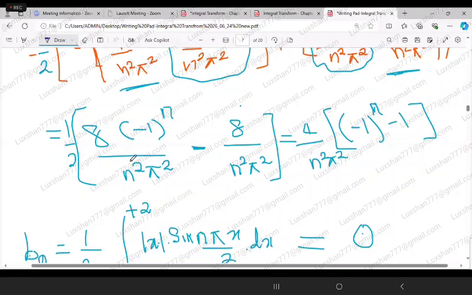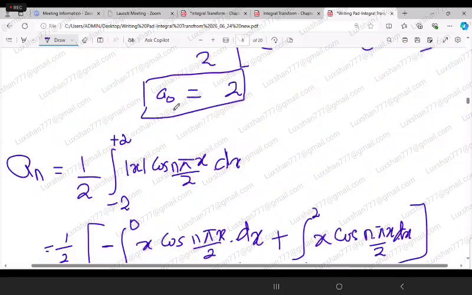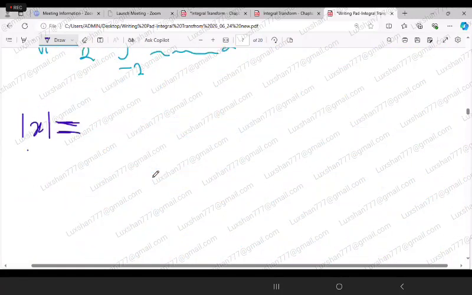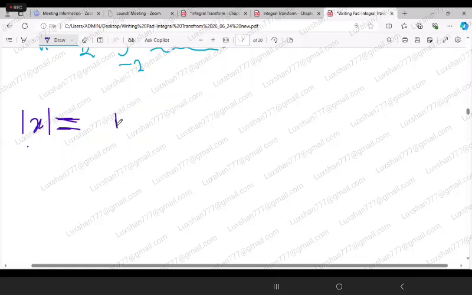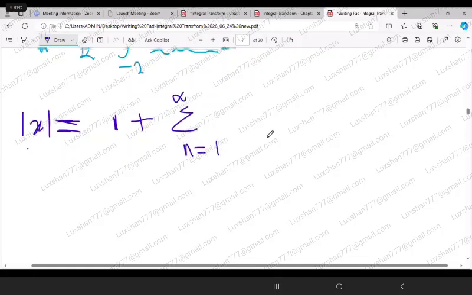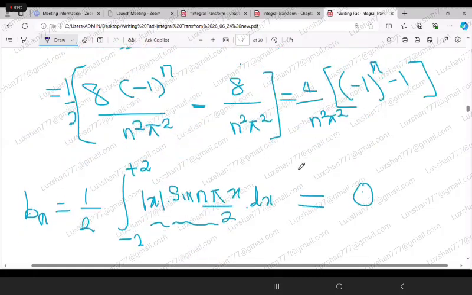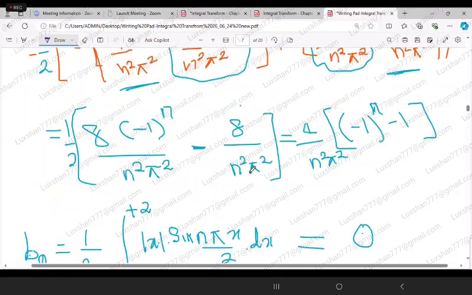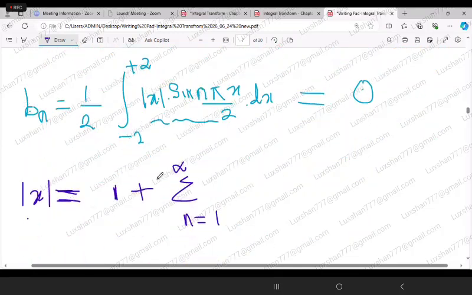So our a naught is equal to what? 2. Therefore, a naught by 2 means 1, plus summation n equal 1 up to infinity. Our an is equal to what? 4 times, no? So 4 over n squared. So I can take that 4 over pi squared out.